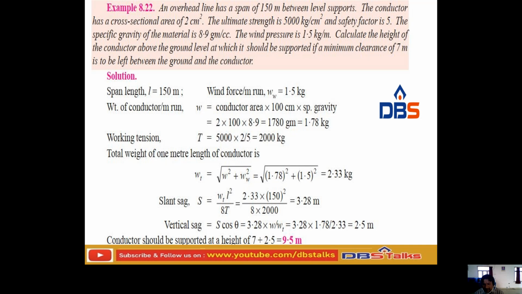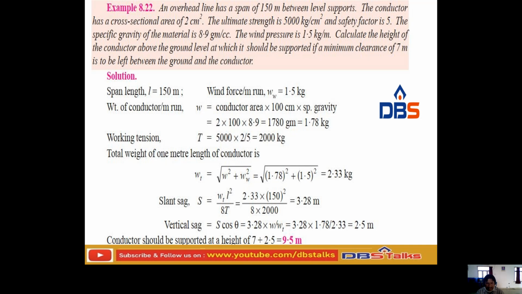The given conductor area is 2 centimeters square, the cross-sectional area. So 2 into 100 centimeters multiplied by specific gravity 8.9, we get 1780 gram. That is converted into kg by dividing by 1000, giving 1.78 kg.